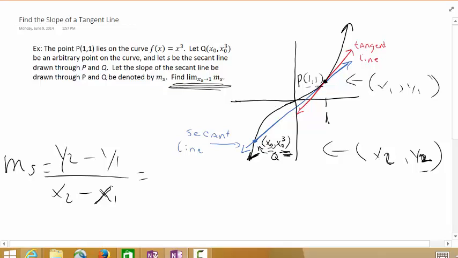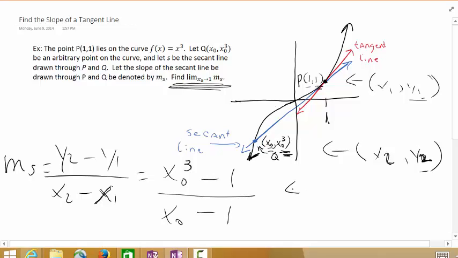So I'm going to write down x sub 0 cubed minus my y sub 1, which is going to be the value 1 for the first point, divided by x sub 0, which represents our x sub 2, minus my x sub 1, which is going to be 1 again.